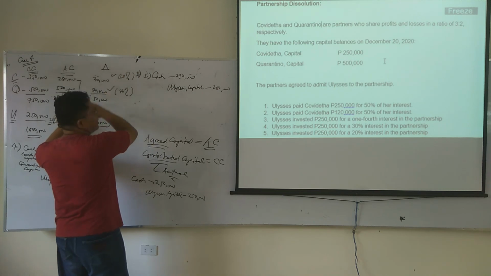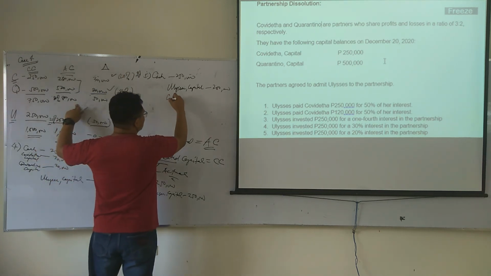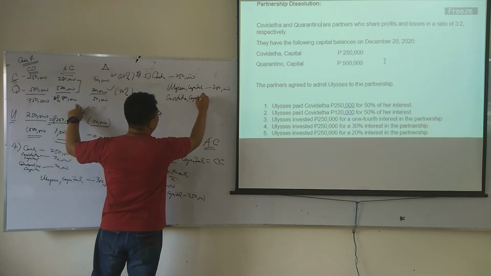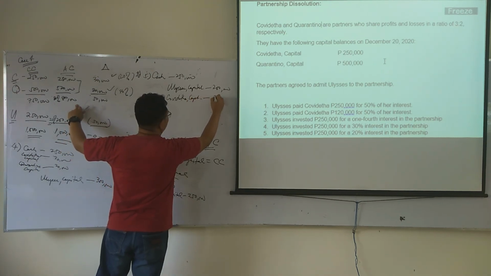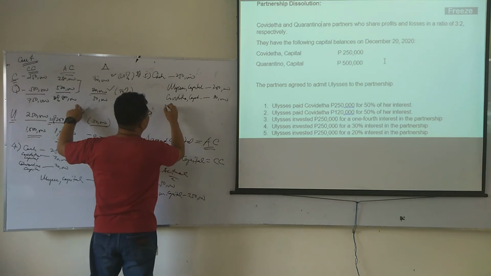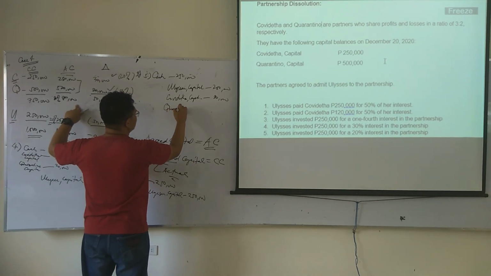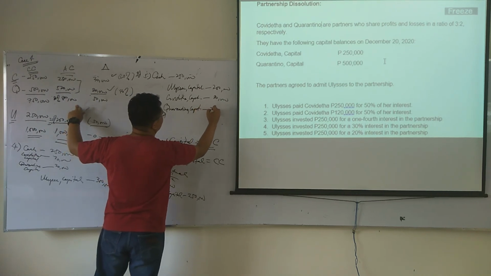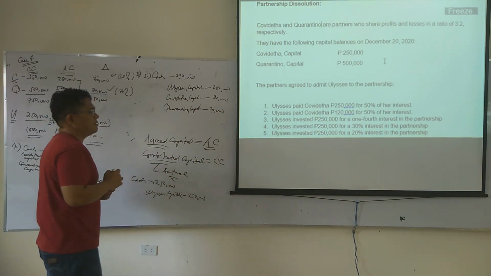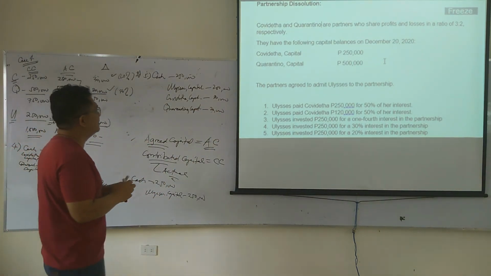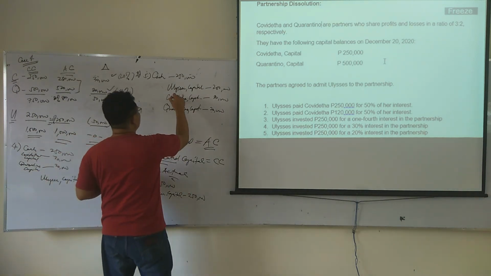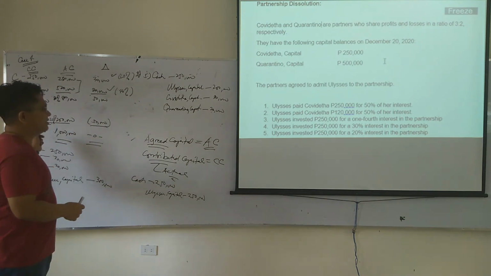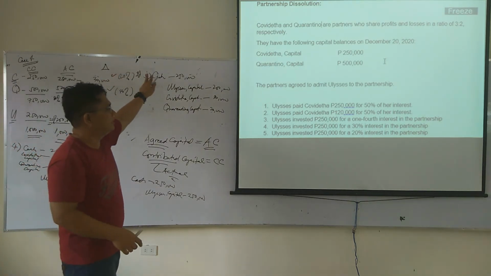Since Covidita and Quarantino receive a bonus, Covidita capital will increase by 30,000 and Quarantino capital will increase by 20,000. Case 5 is a case where bonus is given to the old or existing partners. Debit cash, credit capital.